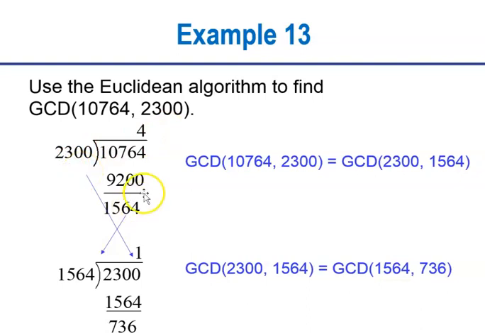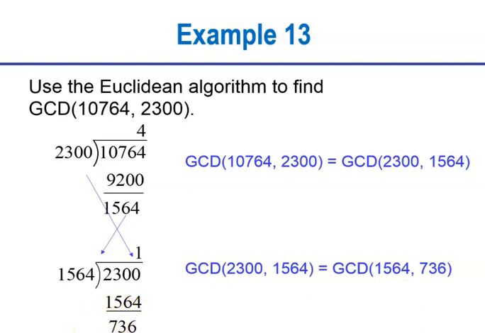Okay, so we got a quotient of 4, but the 1,564, that's not a remainder of 0, right? So the remainder, notice, goes out front now, and your divisor turns into your dividend, and you divide again. Okay, now notice the remainder now is 736. Again, the remainder is not 0, so what are we going to do?